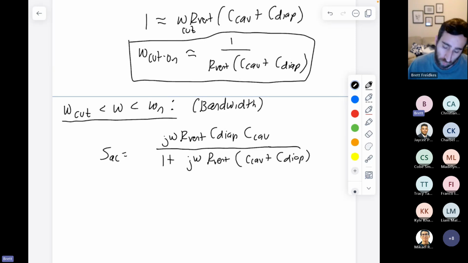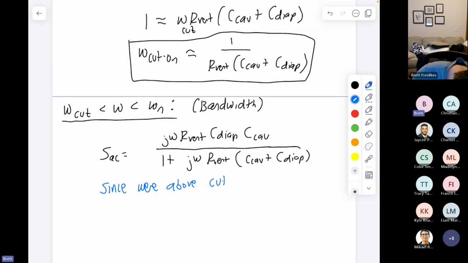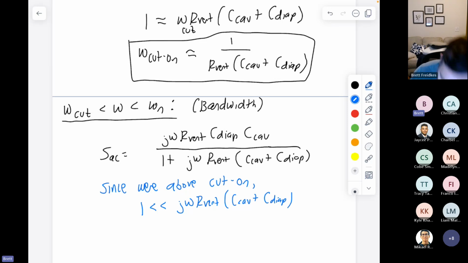If we assume that we're way above the cut-on frequency, since we're above the cut-on, we'll now say that 1 is much less than that term, which allows us to neglect the 1.